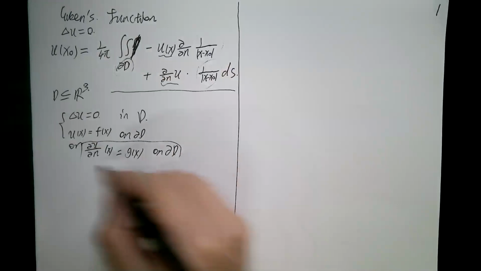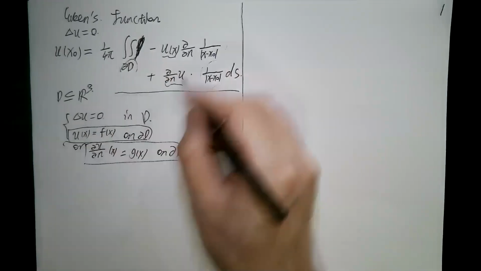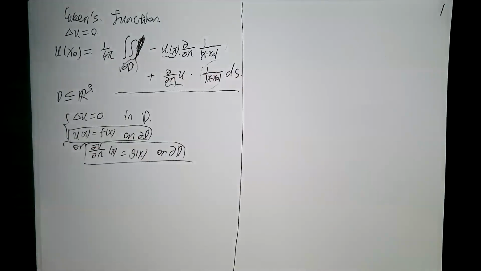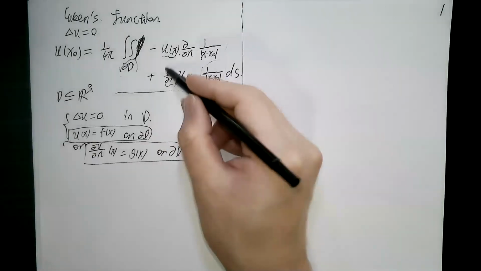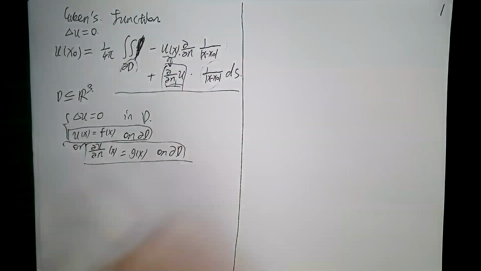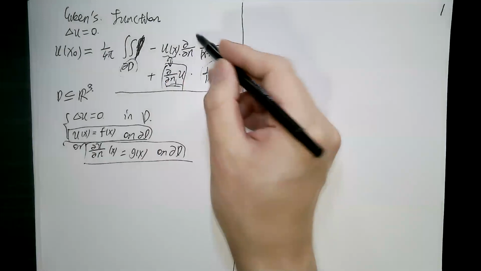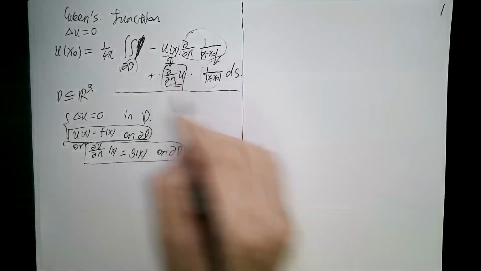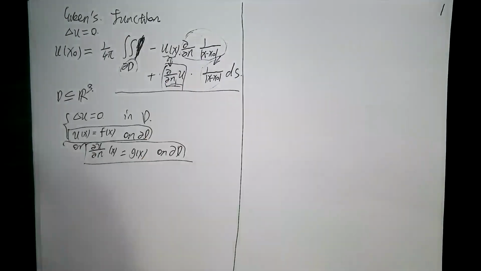You will only have one of these two conditions, okay? So if we really want to solve a harmonic function, this formula does not close our problem, okay? It will not give a closed formula. So what we try to do is find somehow a connection between these two terms and let one of them, for instance this term, eat the other term and make it a closed formula.